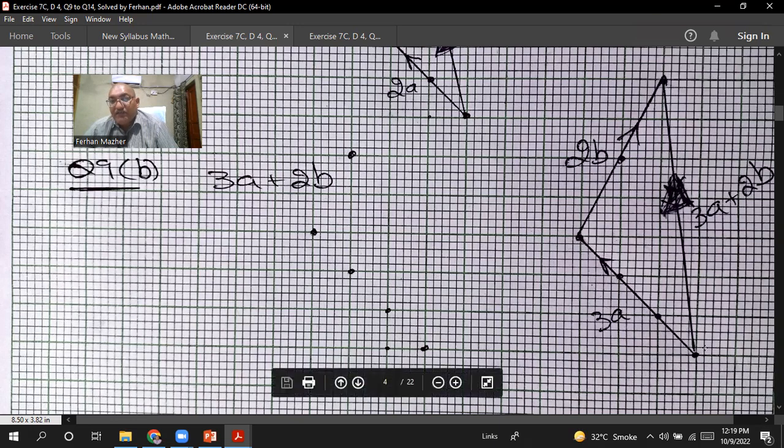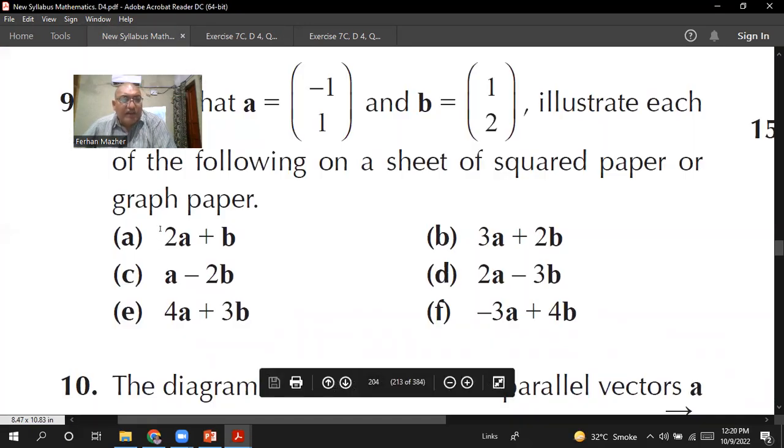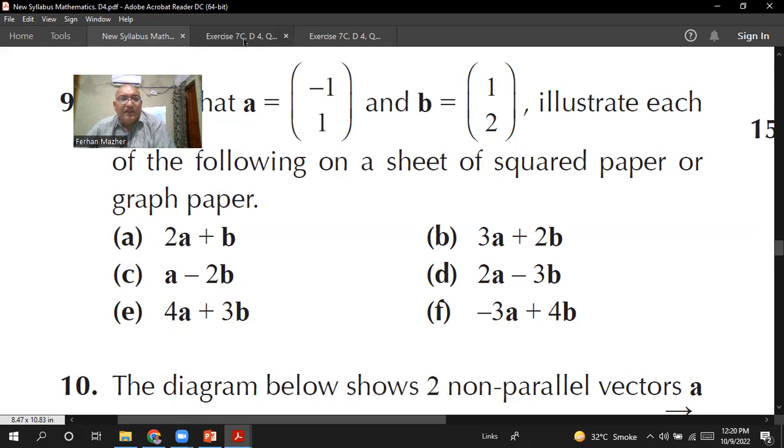Join the tail of the first vector, where you started, with the head of the last vector. So that represents 3A plus 2B. Let me show you. So this is A and this is B.